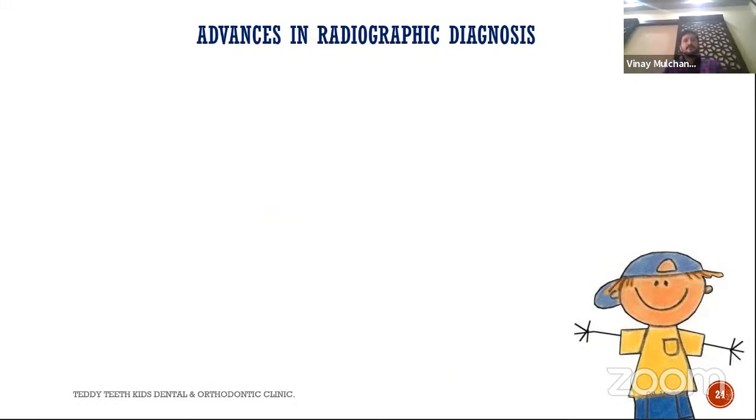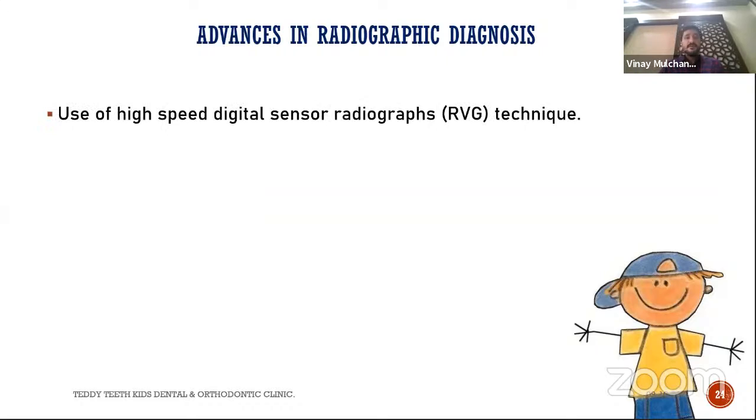Then, talking about radiographic diagnosis, the changes which have occurred in diagnosis, the major concern in young patients is radiation exposure. With the use of digital sensors, like RVG, which is called radiovisuography, they have a very minimal radiation exposure. The dose is very minimal, very acceptable.